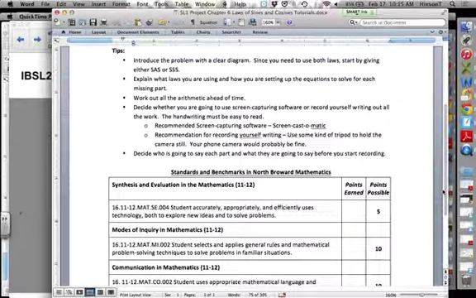So maybe get with a partner who has good handwriting, or you can use the computer. Very easily you can make, say, a PowerPoint and have each step show up if you've used PowerPoint before, and they've got an equation editor built into Microsoft Office that you can use really easily.